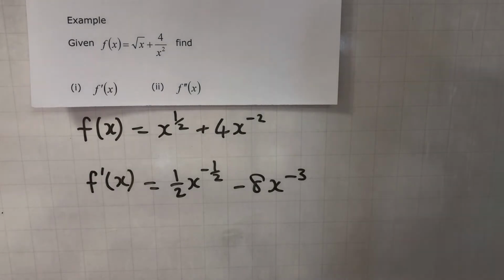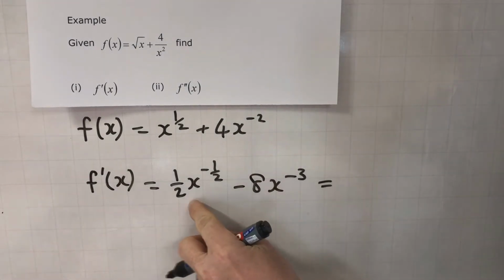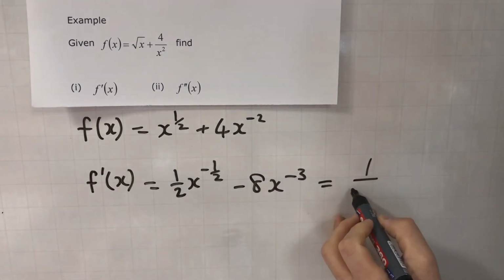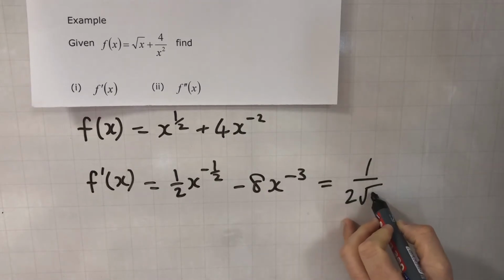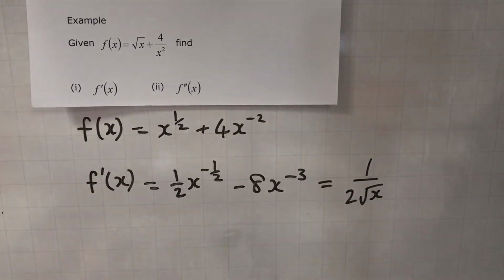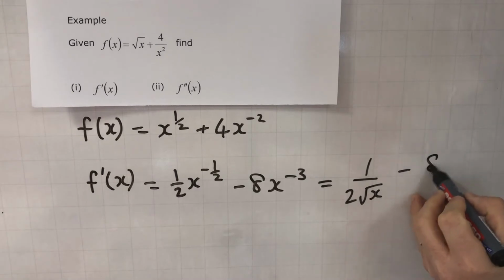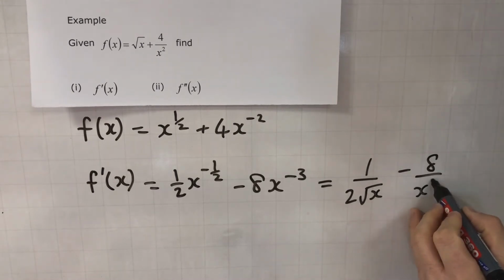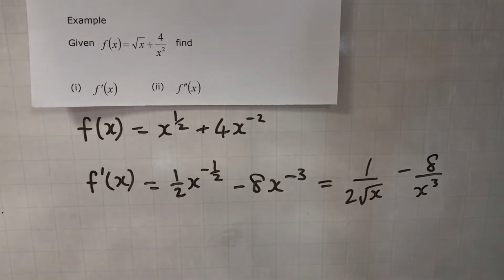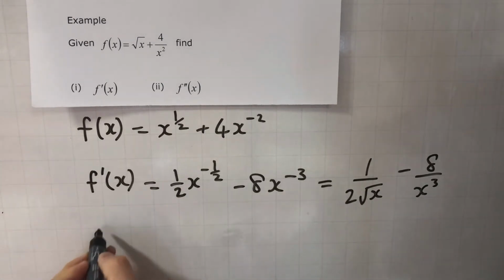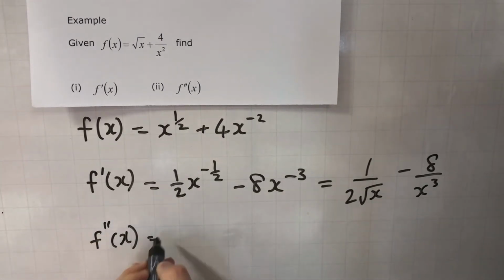That can be rewritten, and we've seen that a couple of times. So we have that, and that can be rewritten as that. However, I'll go back to this for the second derivative.